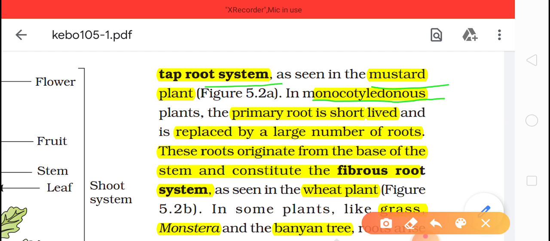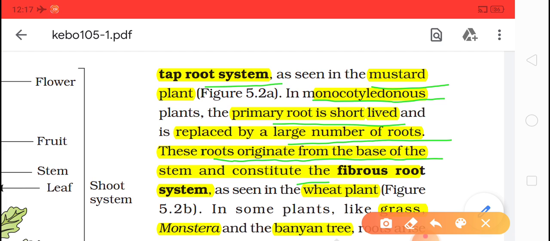In monocotyledonous plants, the primary root is short-lived and is replaced by a large number of roots. These roots originate from the base of the stem and constitute the fibrous root system. We can say that from the primary root system thread-like structures originate, and this is the fibrous root system.